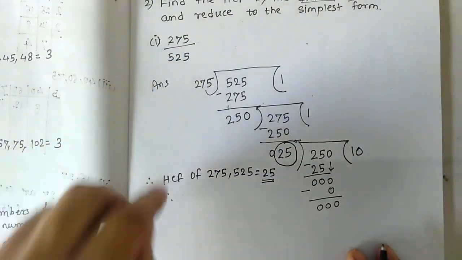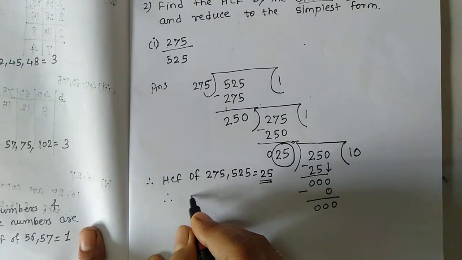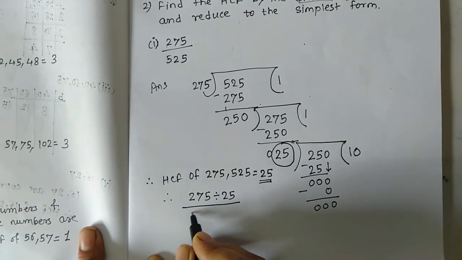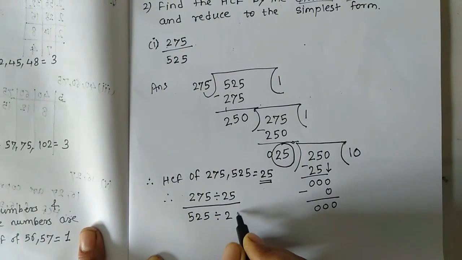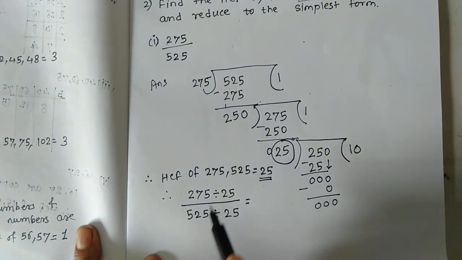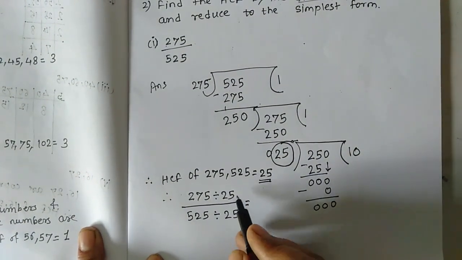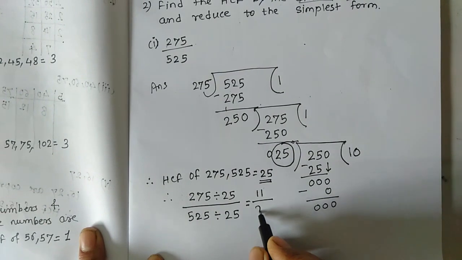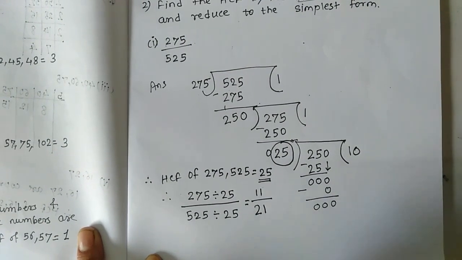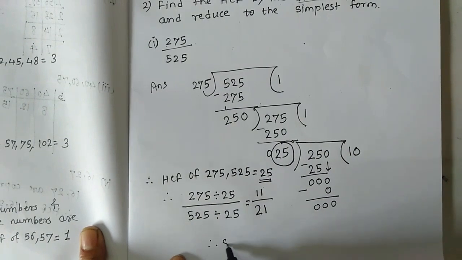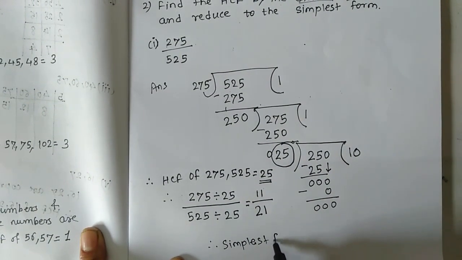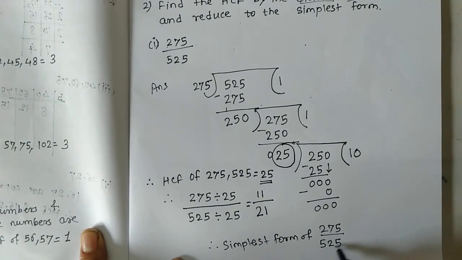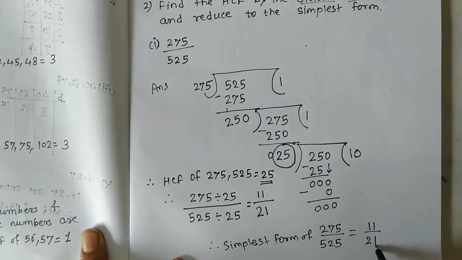Now reduce the given fraction: 275 divided by 25 and 525 divided by 25. 25 elevens are 275, and 25 twenty-ones are 525. Therefore the simplest form of 275 upon 525 is equal to 11 upon 21.